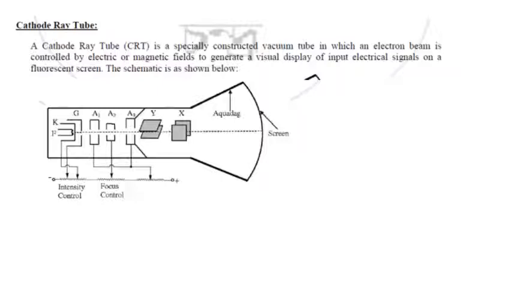Basically, this consists of several parts. This is the first part, used to generate electrons. We have discussed this already. Now, this is your second part, which is used to focus anodes.